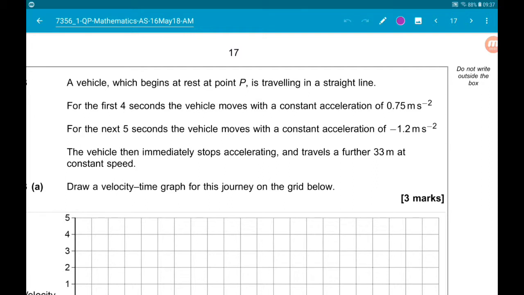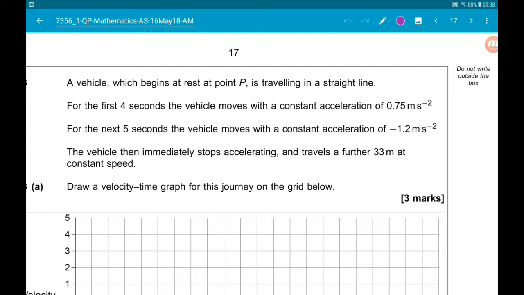Okay, 13a, we have a velocity time graph. A vehicle which begins at rest at point P begins to move in a straight line. For the first 4 seconds, the vehicle moves with a constant acceleration of 0.75 meters per second squared.